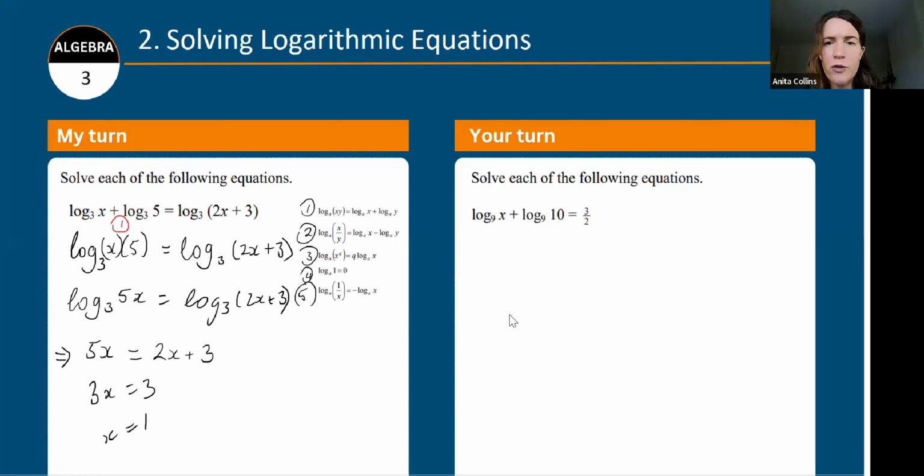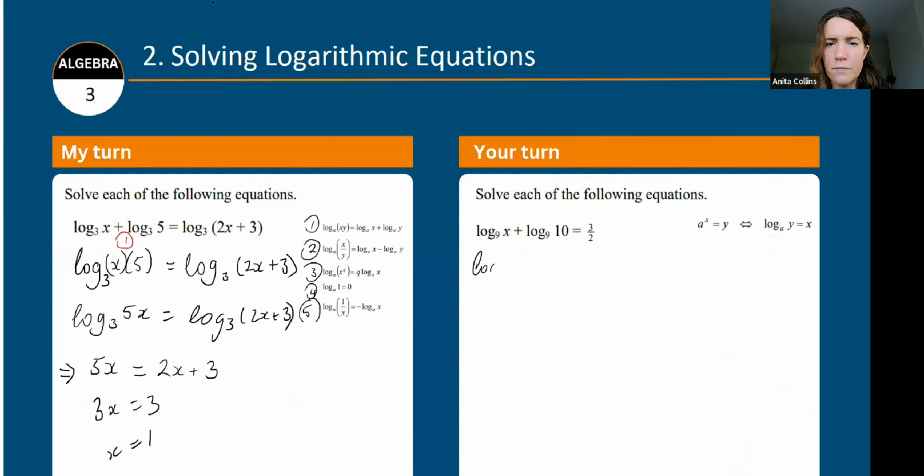So let's have a look at your one. Your one again is an addition, but on the right-hand side, there's no log. So my hint for you here is to use the switcher law. And I'm going to go and copy the switcher law in here now to help you with that.